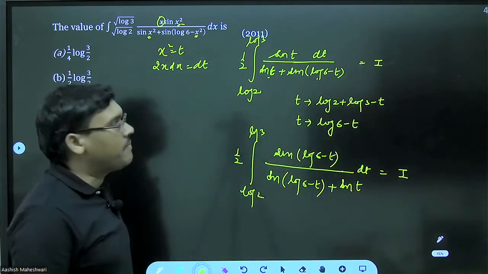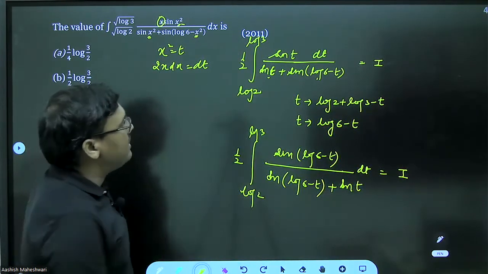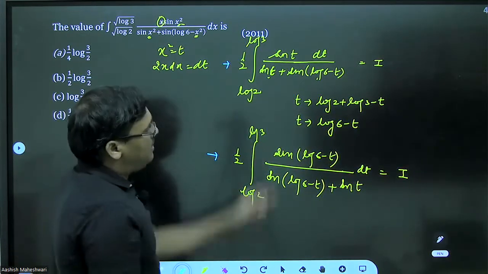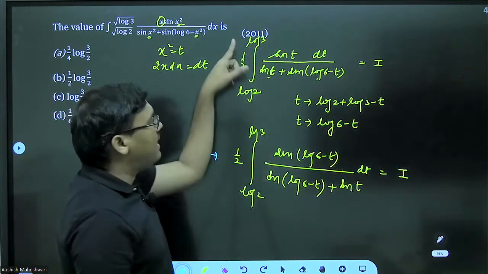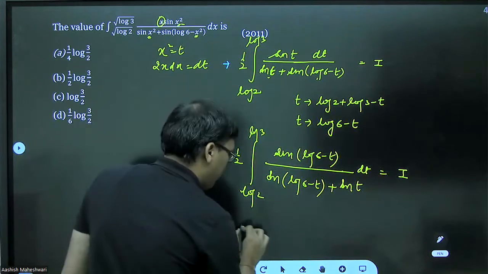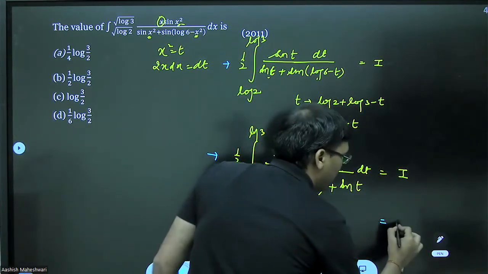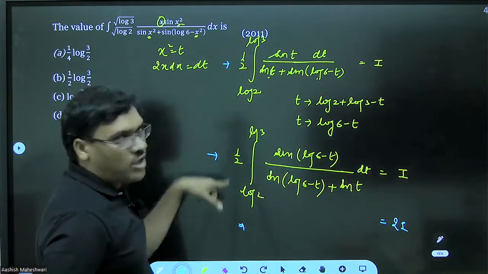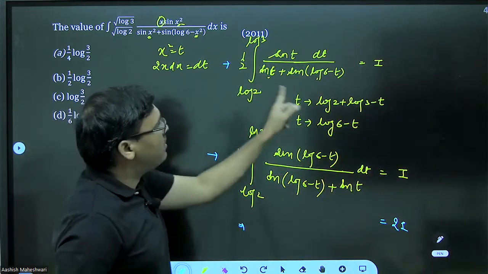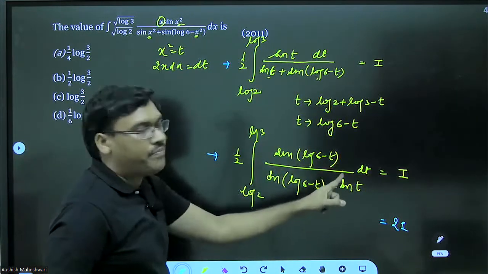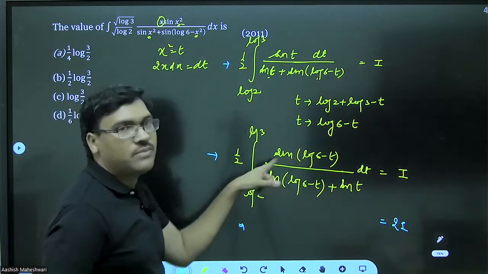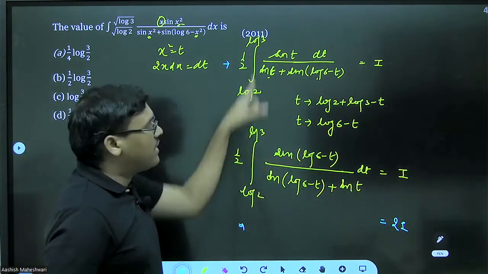Again, the King's property. Now you can observe here, if I take this and this and add them, this is 2I. 1 by 2 will be common. If I add this function and this function, the denominators are same, and the numerator becomes sine t plus sine of log 6 minus t, which will cancel.